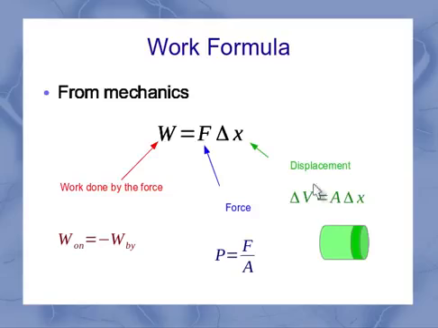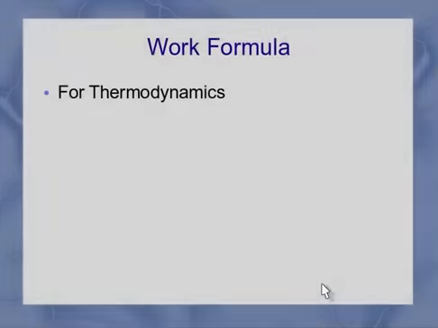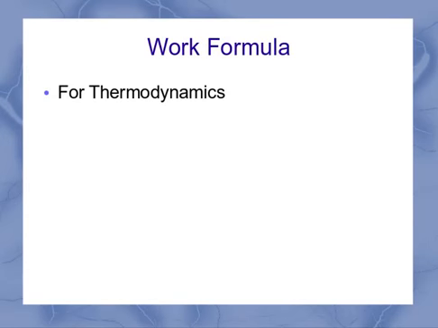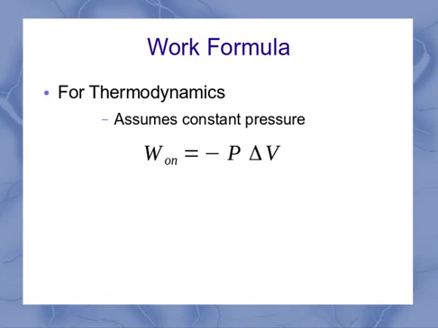Now, in general, we can use this change in volume and pressure for a gas because it doesn't have to keep a constant shape. So they are more general and more applicable for gases. So bringing this all together for thermodynamics, we can express the work done on the gas as minus P delta V. Now, this assumed a constant pressure P, just like our general force from mechanics assumed a constant force.